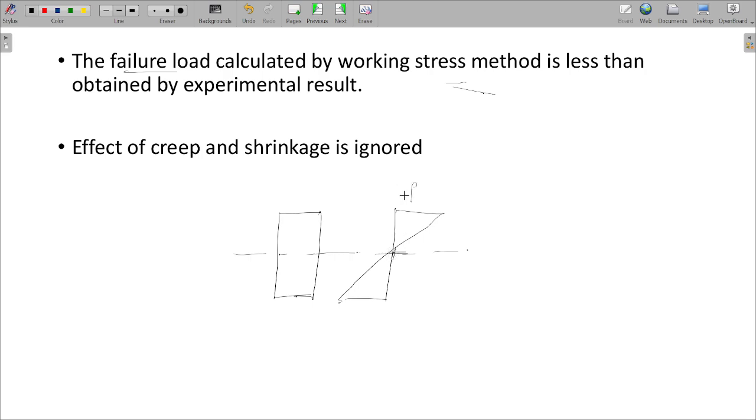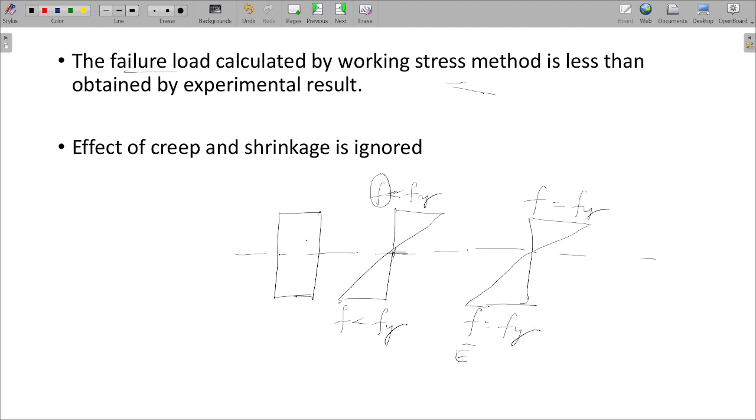Stress gets developed in the extreme fibers, and if Fy is the yield stress, slowly the stress in this beam develops, and at first it will be less than Fy, and if we increase the load further, stress F reaches Fy in the extreme fibers.